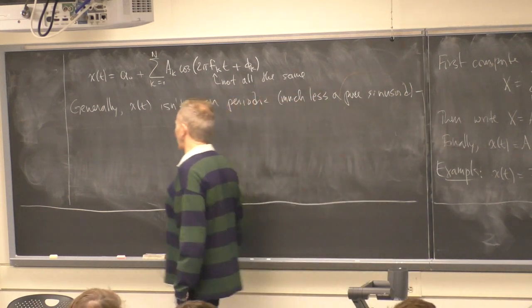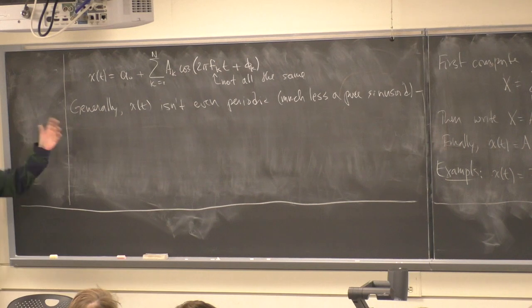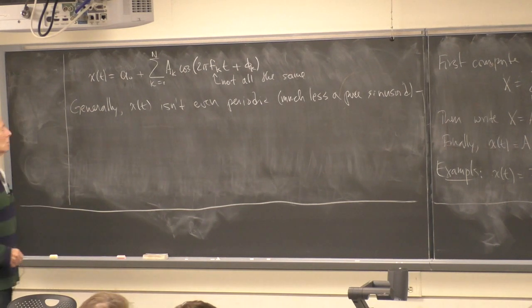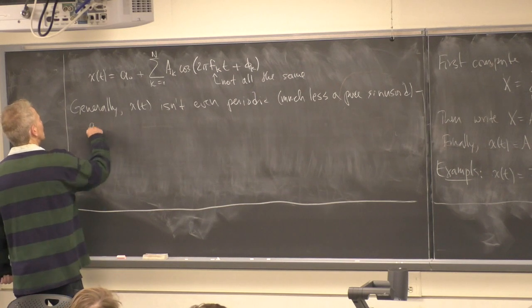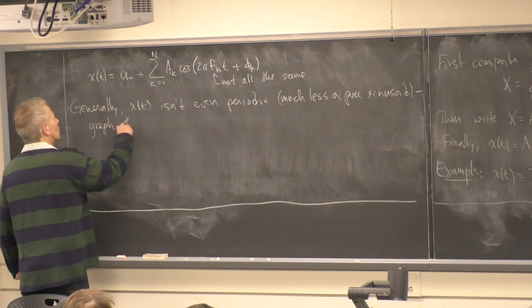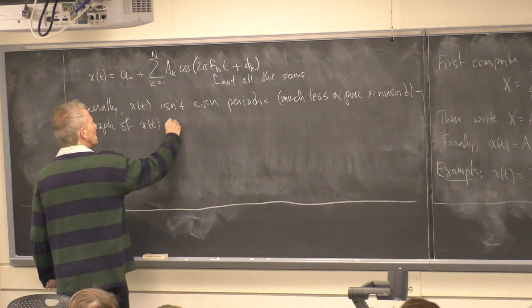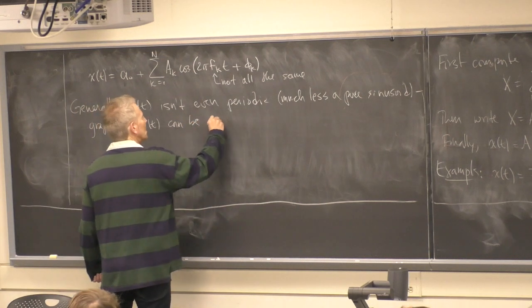And if you just play around with this and do a few examples, like on MATLAB or whatever, and look at the graphs, they can look pretty crazy. Graph of x of t can be really complicated.